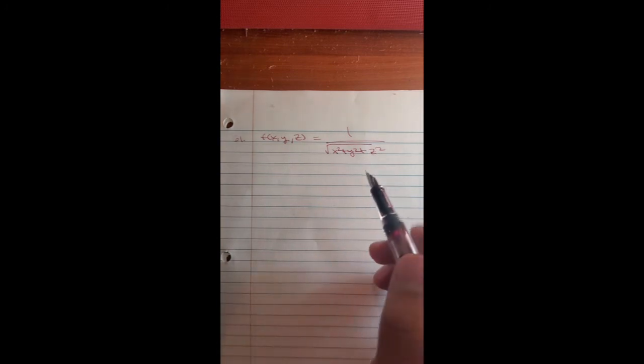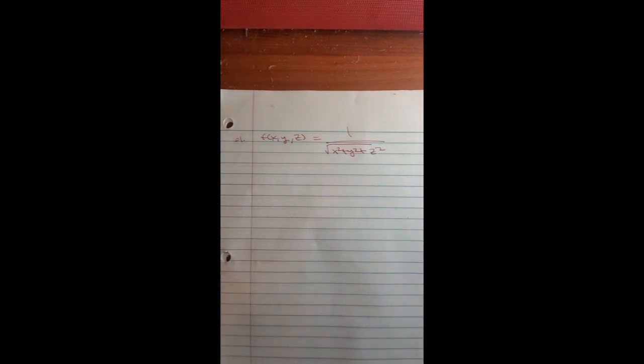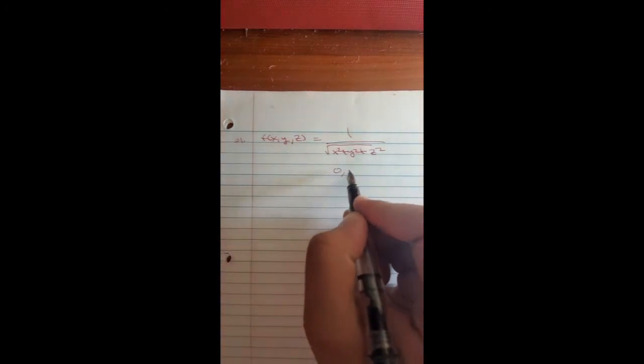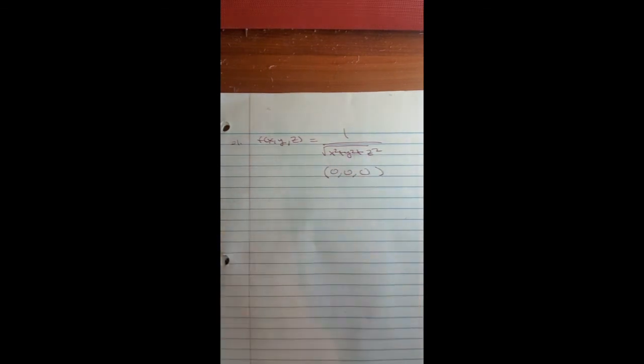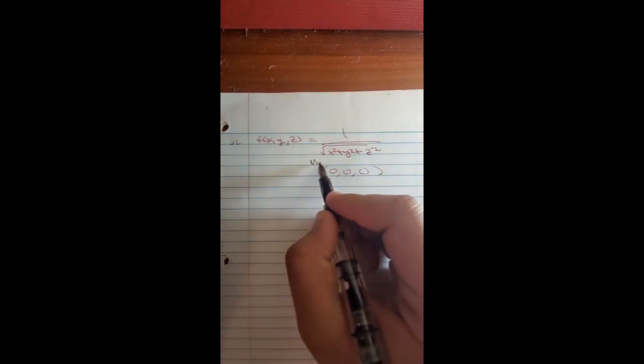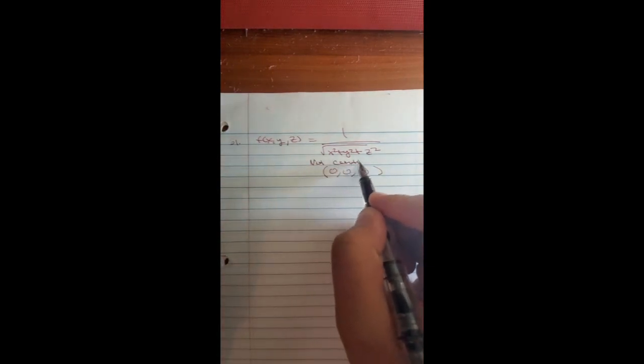So in this particular case, we can see that the only point in which this function is not continuous is 0, 0, and is restricted from the domain. But not continuous here.